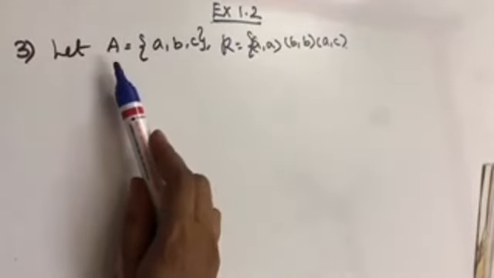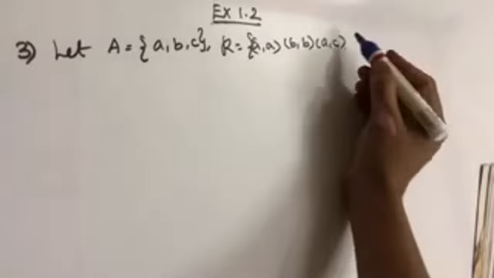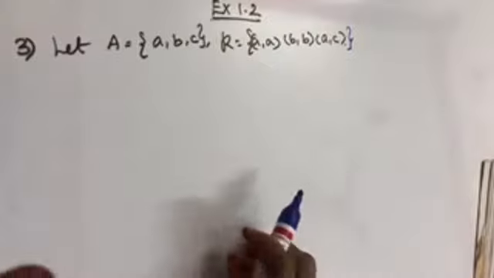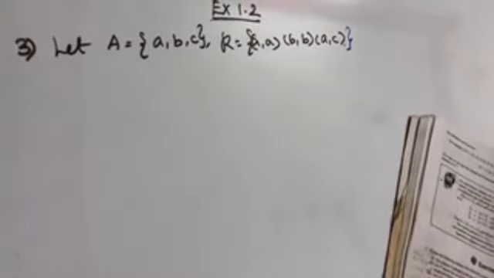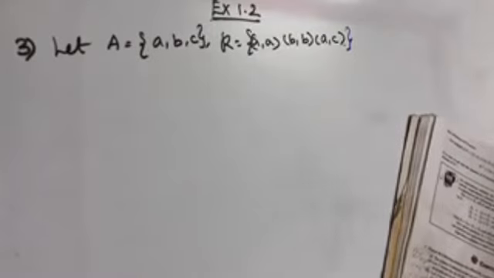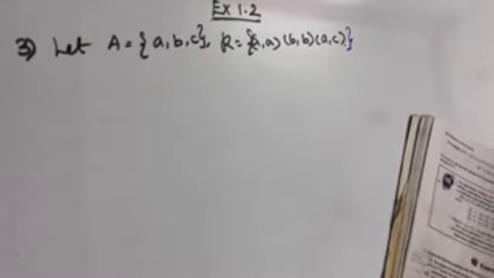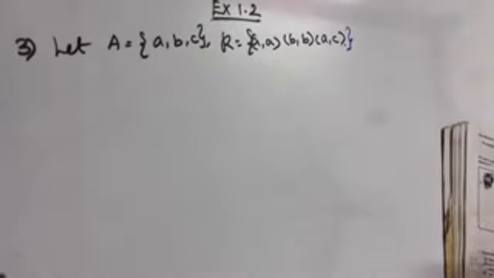Let A be equal to {a, b, c} and R be equal to {(a,a), (b,b), (a,c)}. Write down the minimum number of ordered pairs to be included in R to make it reflexive, symmetric, transitive and an equivalence relation.